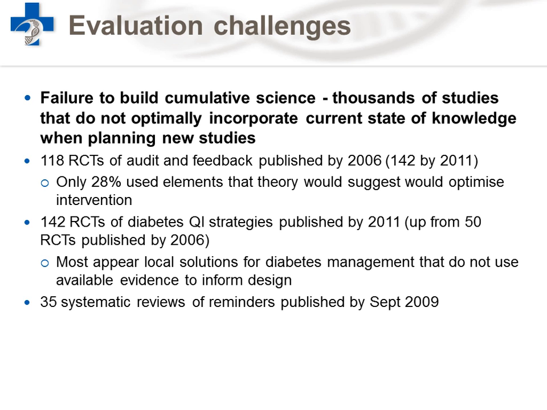What you find is that actually it's much more messy. If you look at audit and feedback, there's a strong, empirically based theory that would suggest that things like providing targets and eliciting plans help people to change their behaviour in response to feedback. But by 2006, of 118 RCTs of audit and feedback, only 28% used any of these elements.